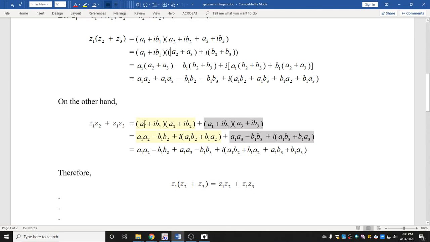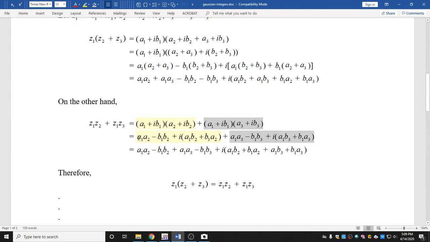When you perform each of those multiplications by using the rule for multiplying complex numbers, you get the highlighted results. So this is supposed to match z1 z2, and then z1 z3. Okay, what's left is the following.